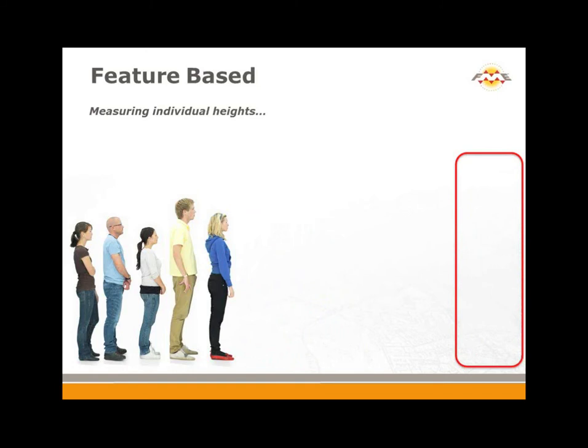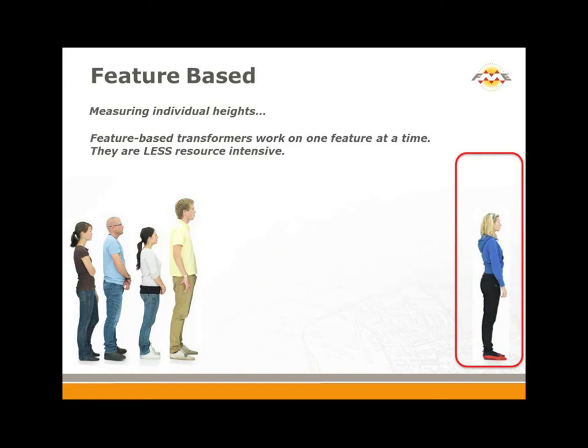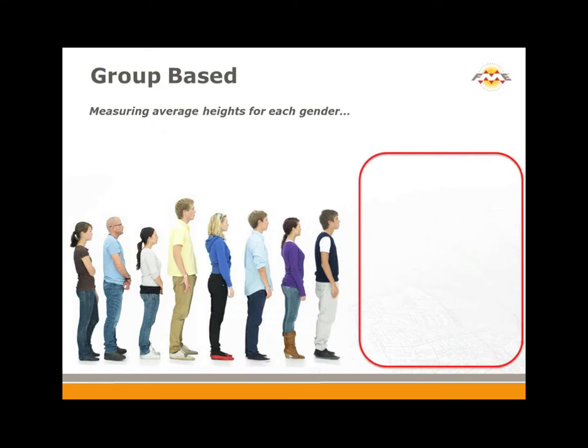So this is what we call a feature-based process. The important thing is it's only ever one person, or one feature, at a time being processed, so feature-based transformers are less resource intensive. Group-based is a bit different. For example, say I want to measure the average height of all of these people.